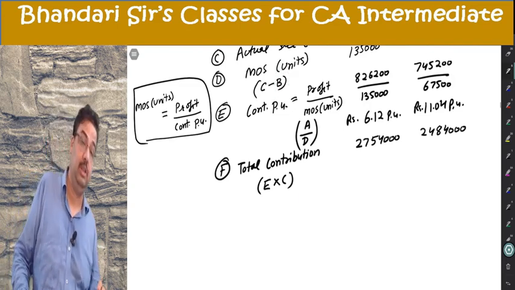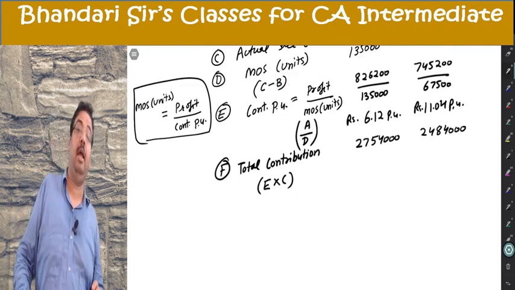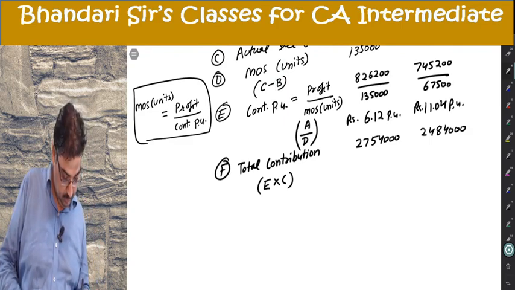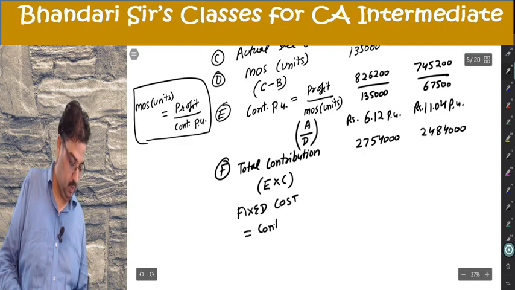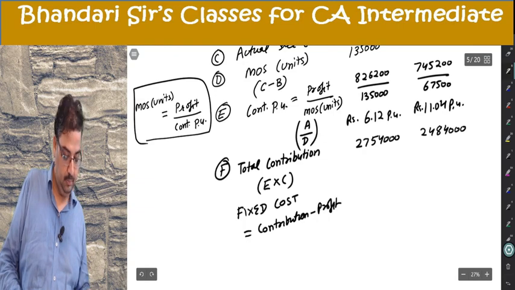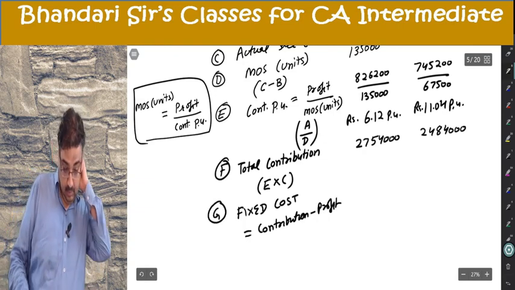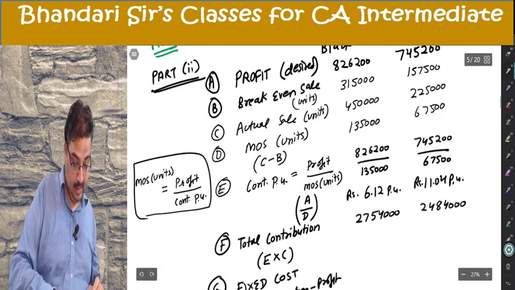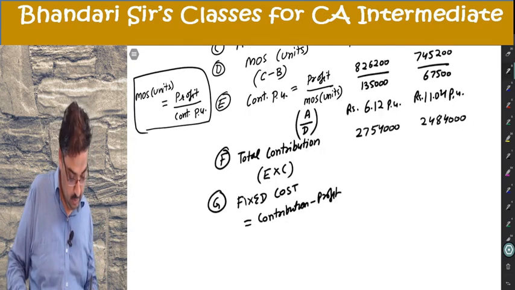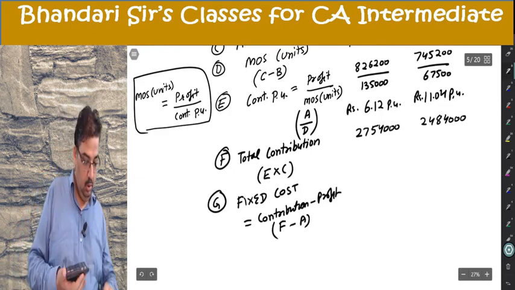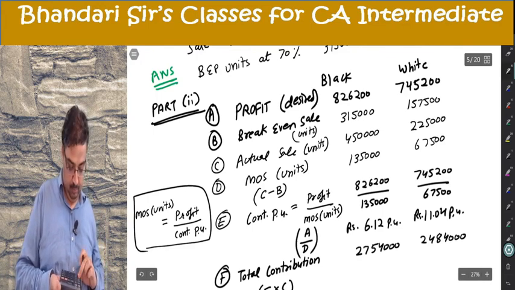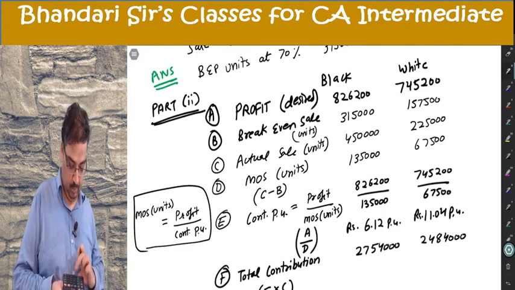Contribution minus fixed cost is profit. So contribution minus profit can be fixed cost. Fixed cost is contribution minus profit. Profit I wrote as A, I think. Yes, A. F minus A. 2484 minus 745200.